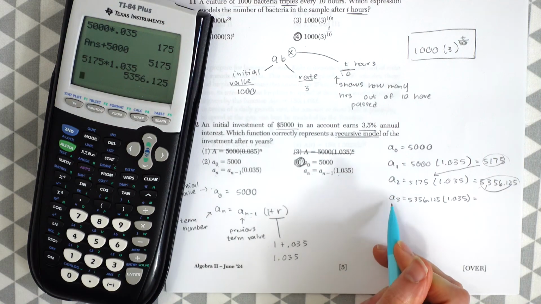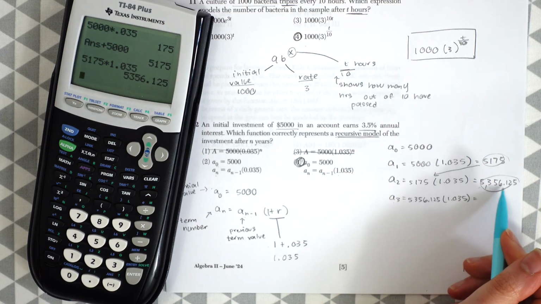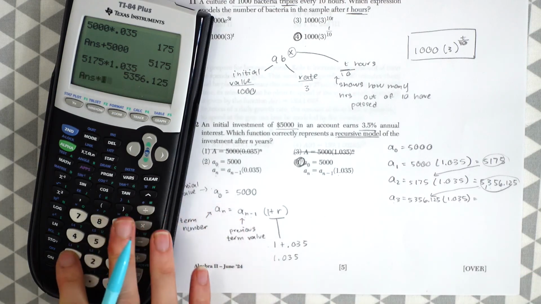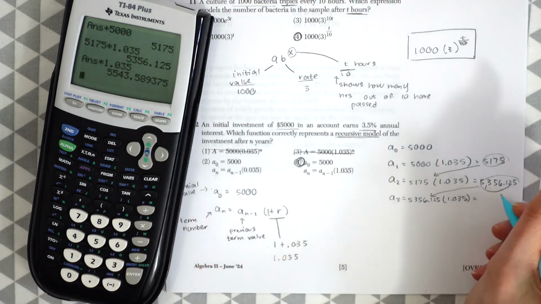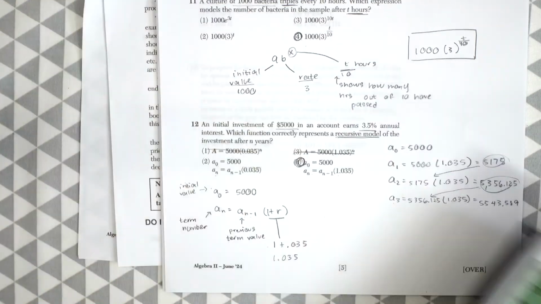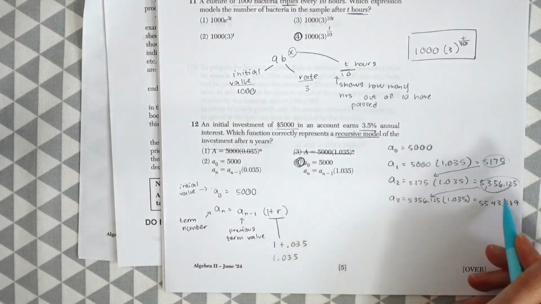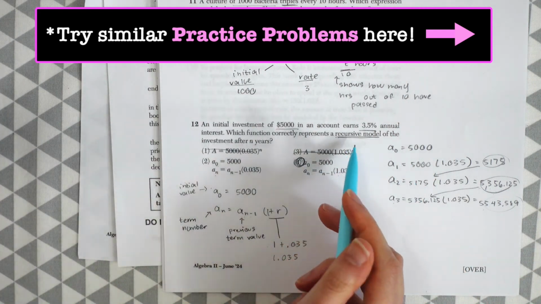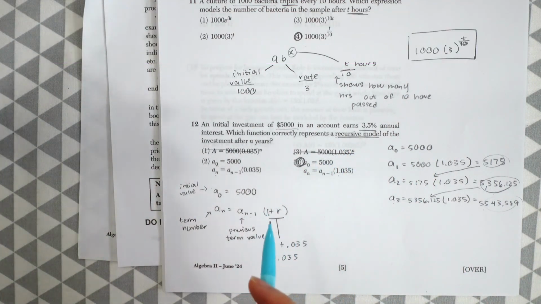Again, for the next term, we're taking the previous value, which we just got, and now multiplying it times 1.035. So this is just another way to write a sequence. Notice we're getting all these numbers and they're following a sequence, but they're written in that recursive formula notation.